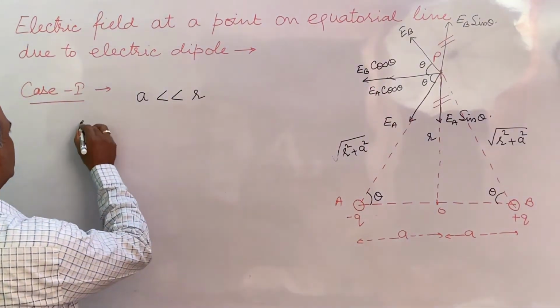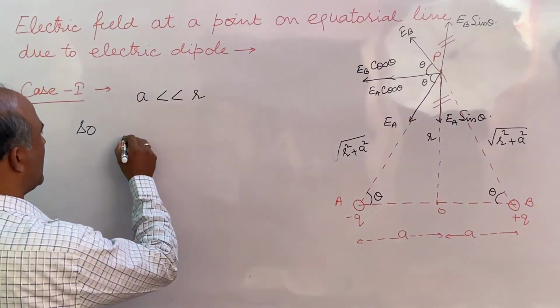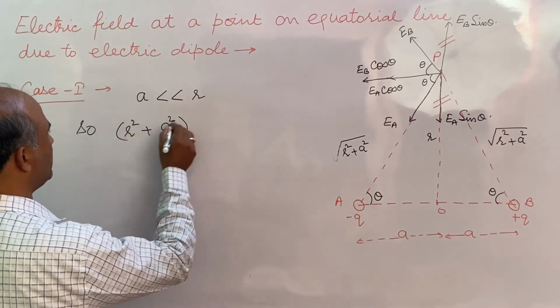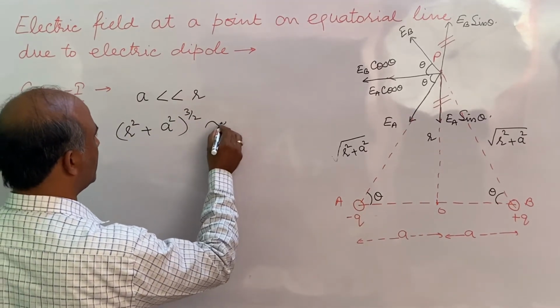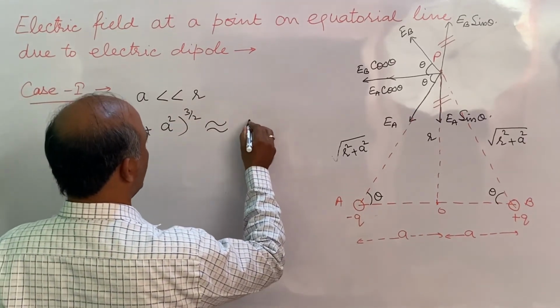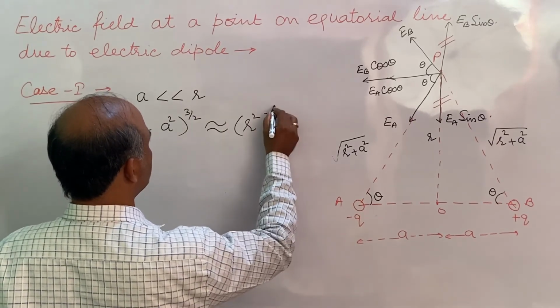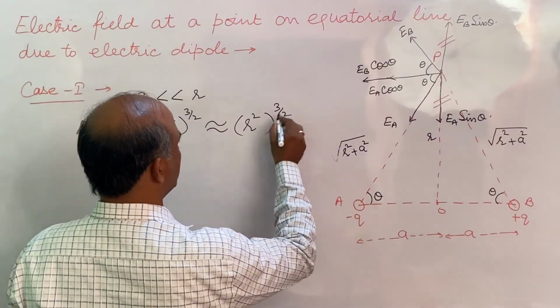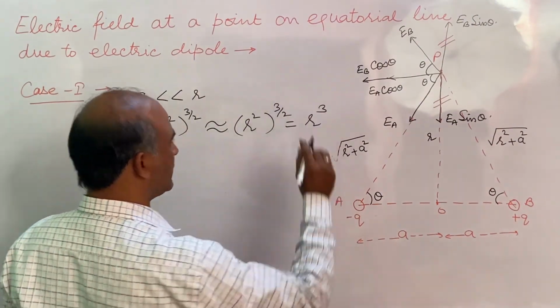So r square plus a square to the power 3/2 may be written as r square to the power 3/2, which is equal to r to the power 3.